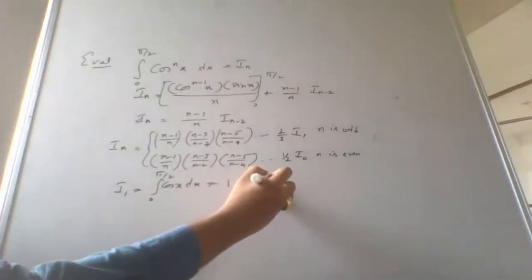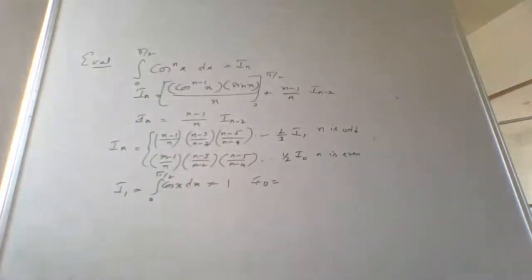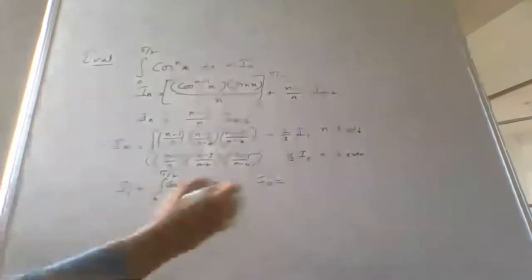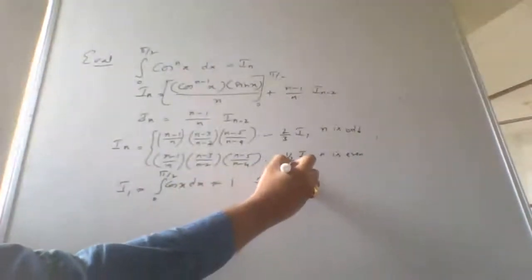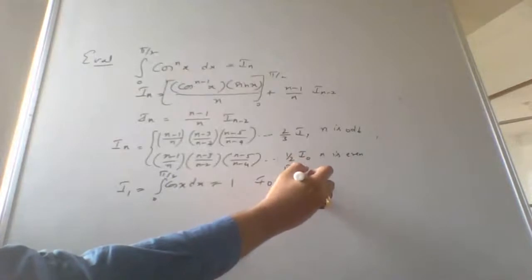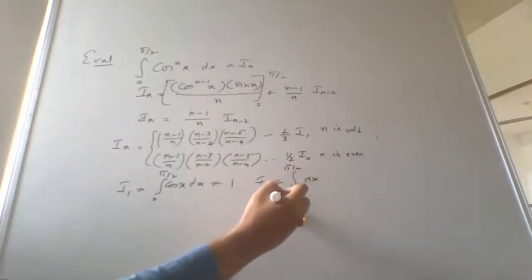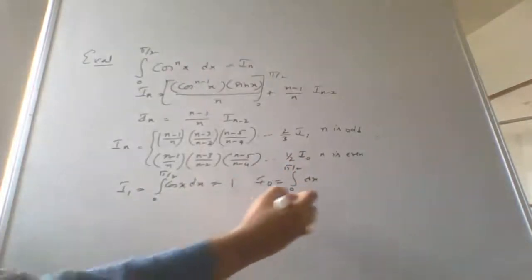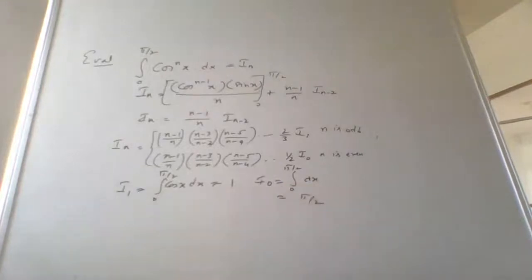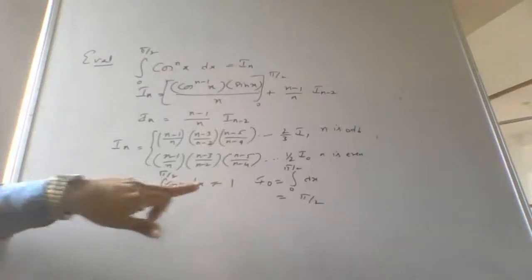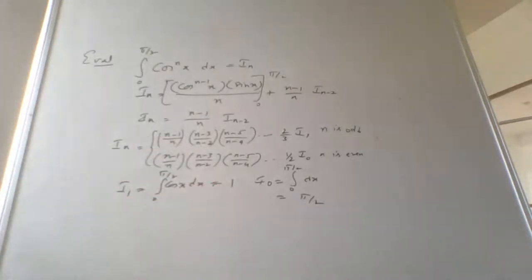Also, let us obtain what is I naught. Cos 0 is 1, so I'll have only pi by 2 dx, so I get this as pi by 2. So I1 I got as 1, and I naught I got as pi by 2.